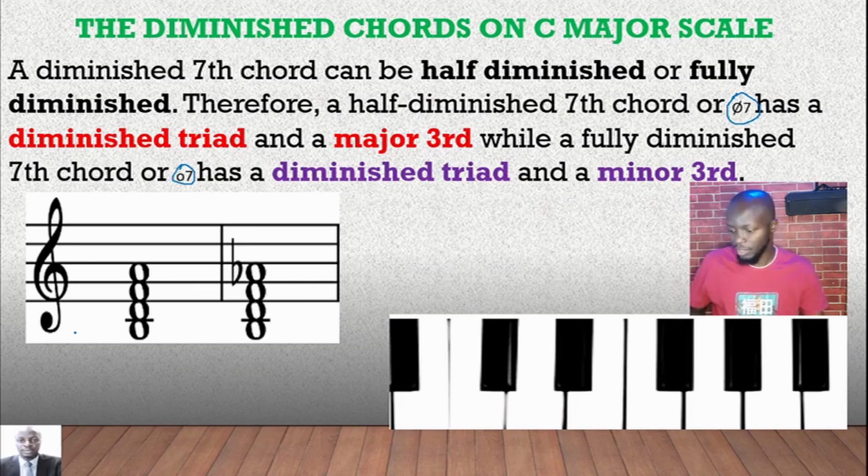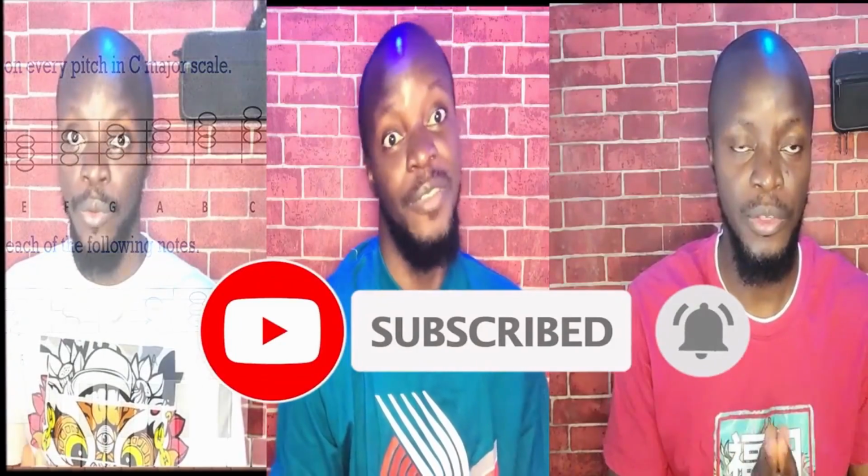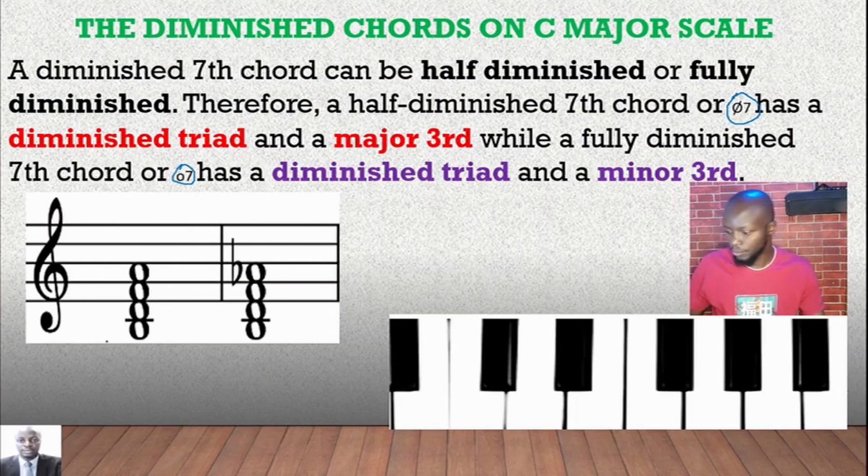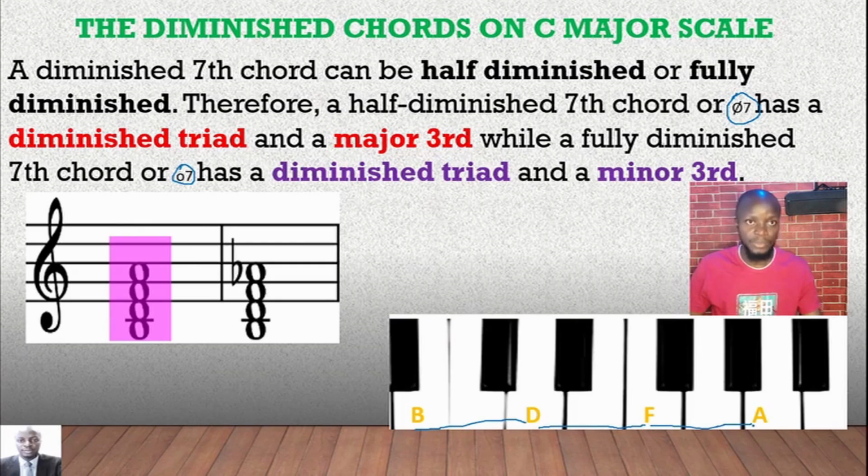Now let's see the examples. The very first one: B, D, F, A. From B to D is a minor third. From D to F is another minor third. But from F to A is a major third.